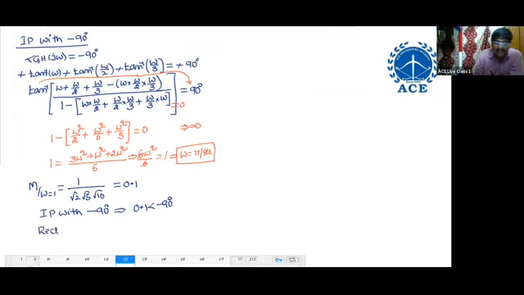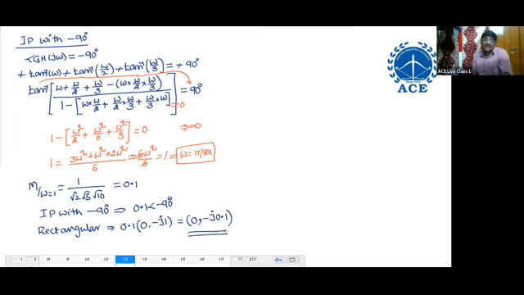Rectangular coordinate: magnitude is 0.1, cos of minus 90 is 0, sin of minus 90 is minus j1. That means 0 comma minus j 0.1.